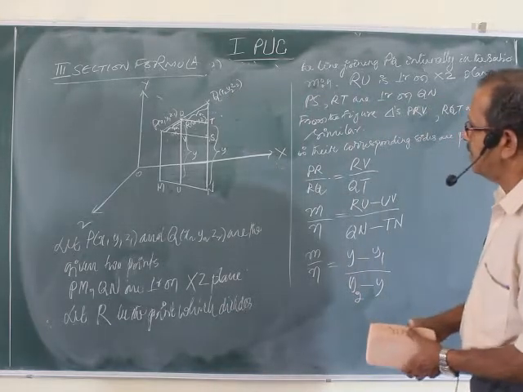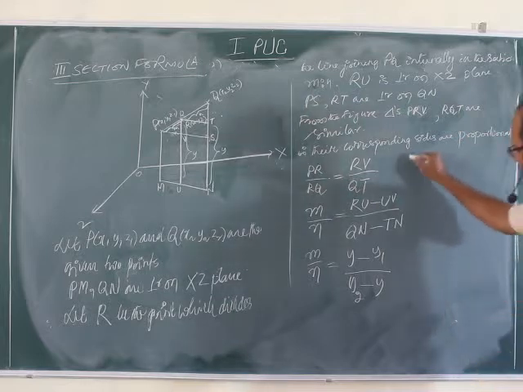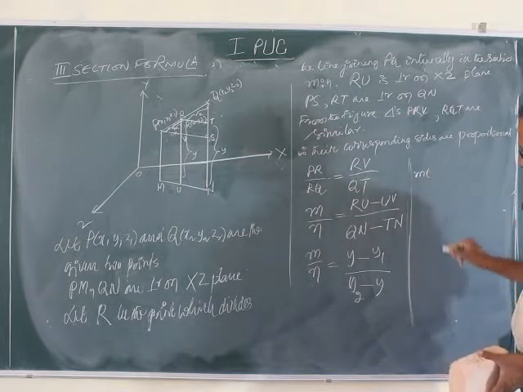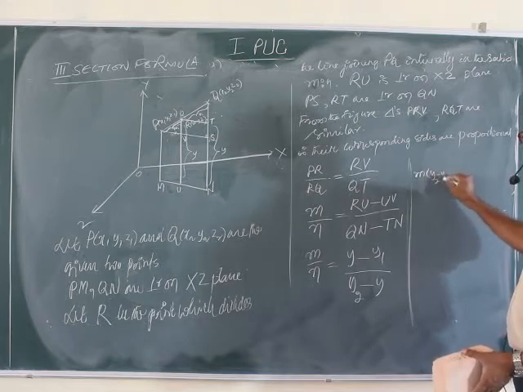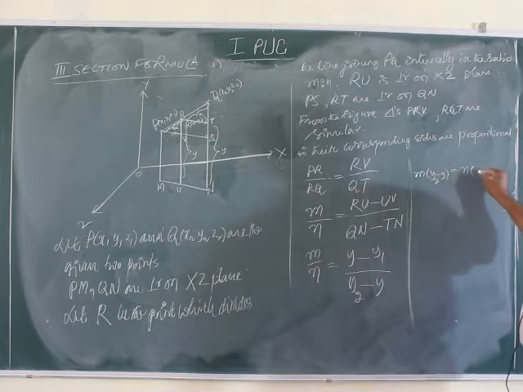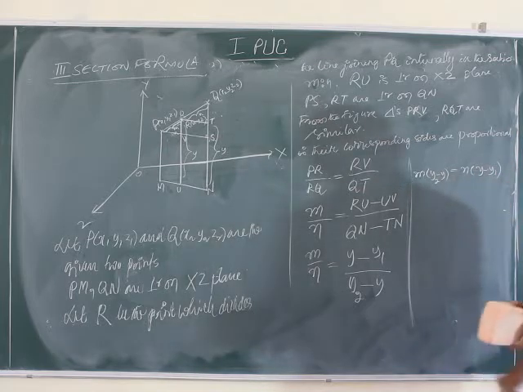Simplify this, what do you get? Simplification, let me do here. M into Y2 minus Y equals N into Y minus Y1.